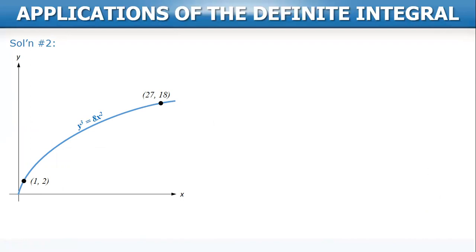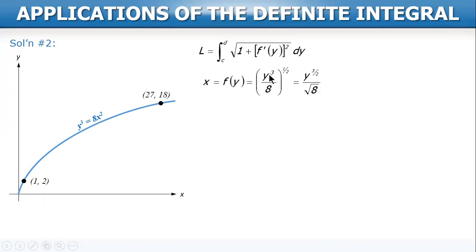Okay. Solution number 2 is, we consider x as a function of y. And the formula we will use is this one. So first, get the expression of x in terms of y. Okay. We have this x, a function of y.